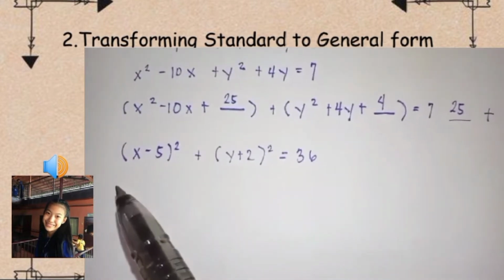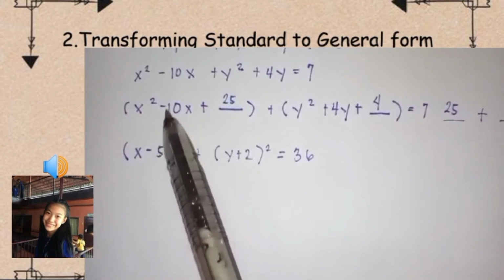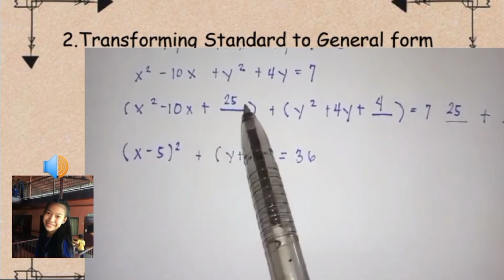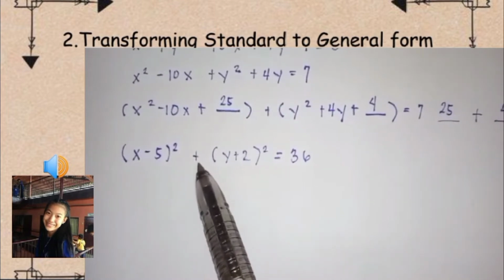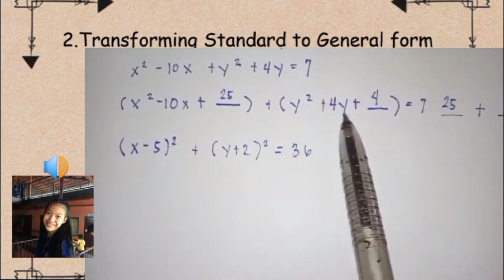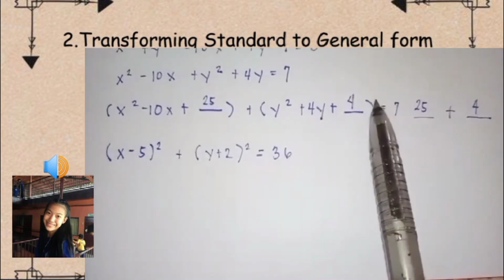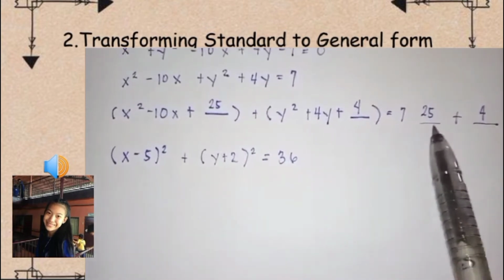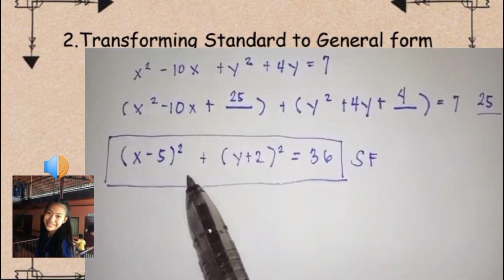So, the square of a binomial: that is x, copy the sign of the middle term, minus the square root of 25, which is 5, squared, plus y, copy the sign of the middle term, plus 2 squared is equal to 7 plus 25, that is 32, and plus 4 is equal to 36. So this is now our standard form.